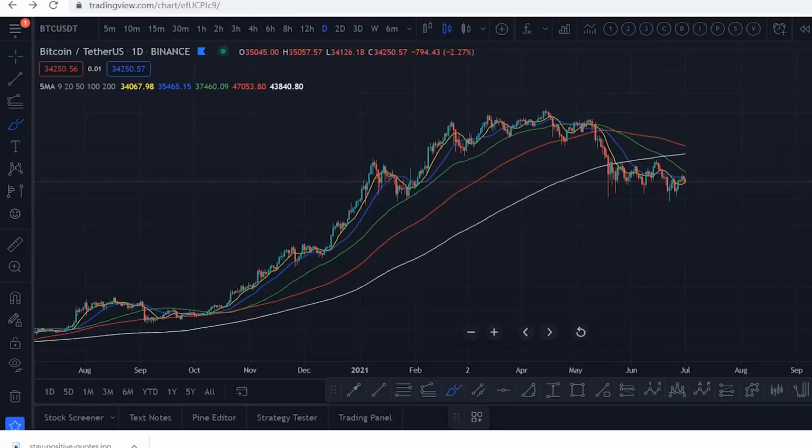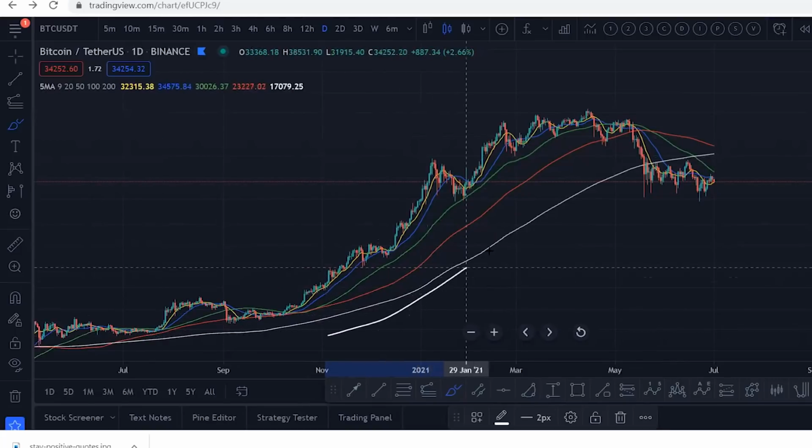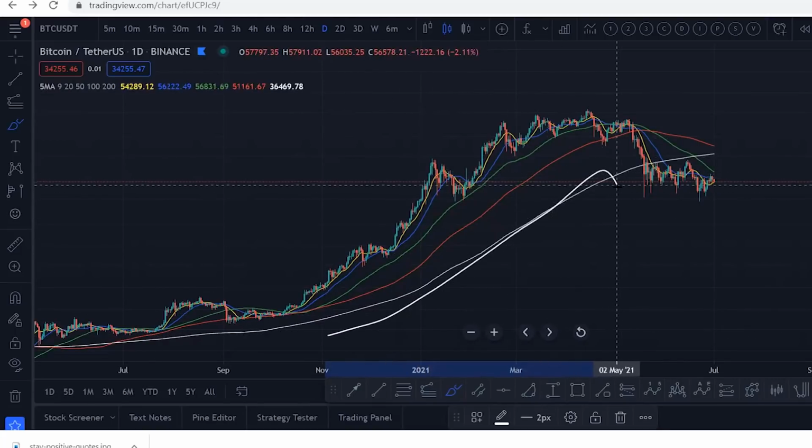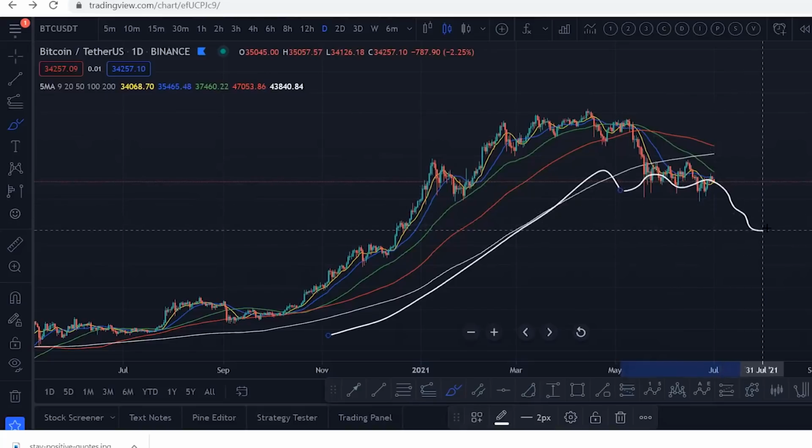If we go back to the picture that I showed a while ago, we can be in distribution or accumulation. We don't know yet because we are just analyzing through this one. But we are in a bull run since October 2020 in Bitcoin. But probably it may go down before it goes up.